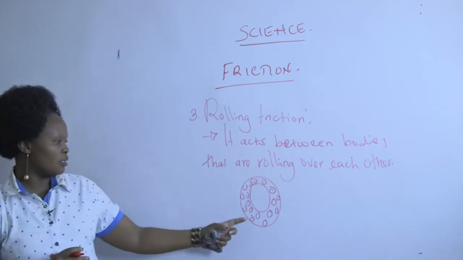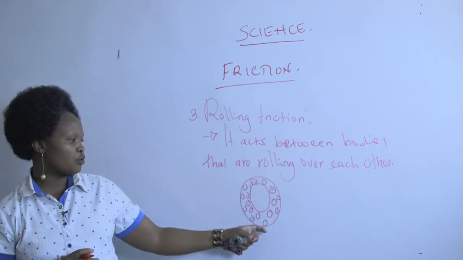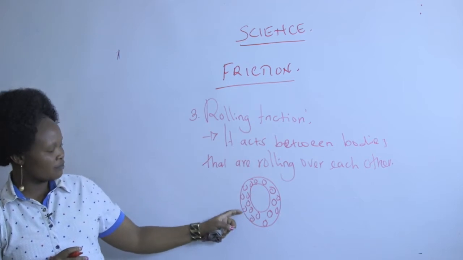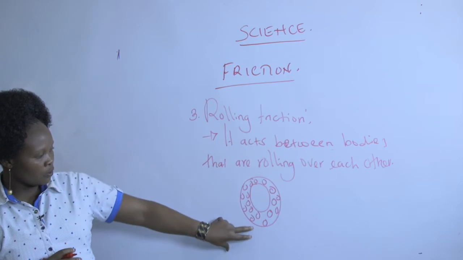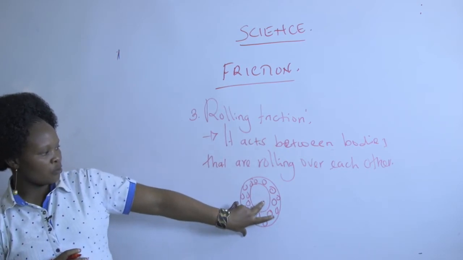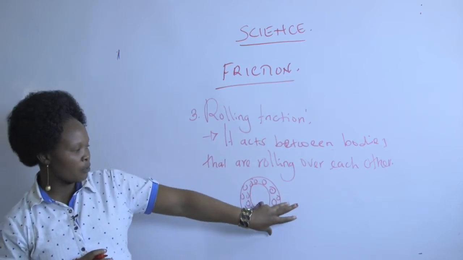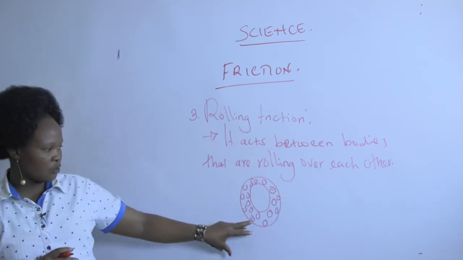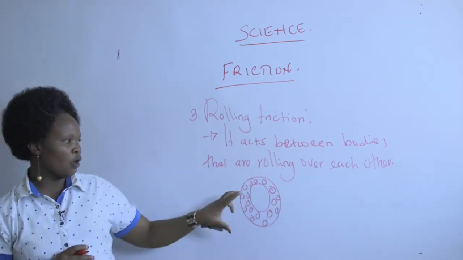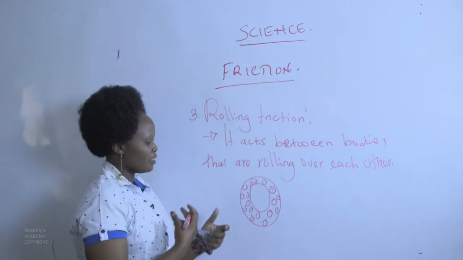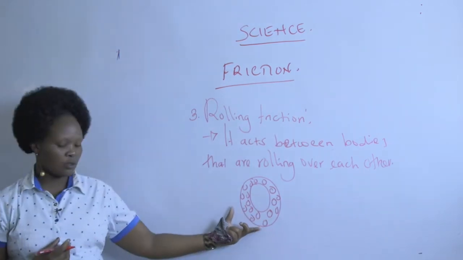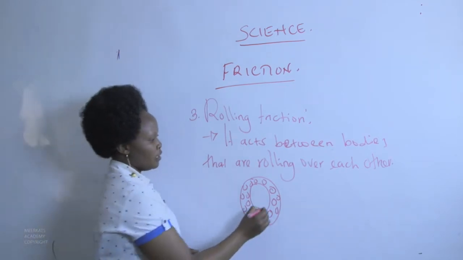When they roll, they actually cause some friction between them, although the friction could be either positive or negative. It could either be desirable or undesirable, but the rolling has some friction that is caused by the ball bearings.